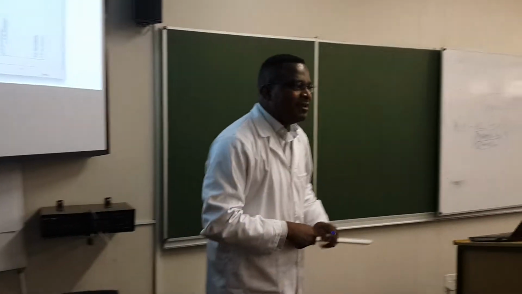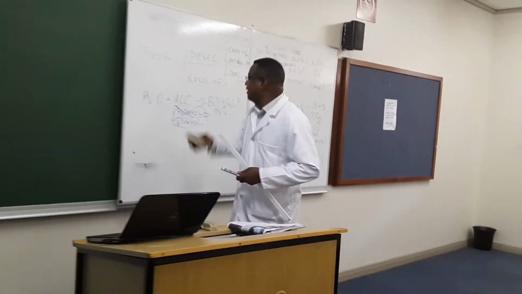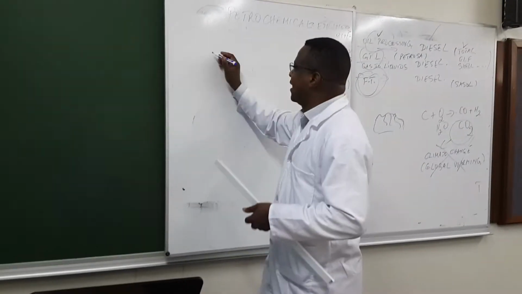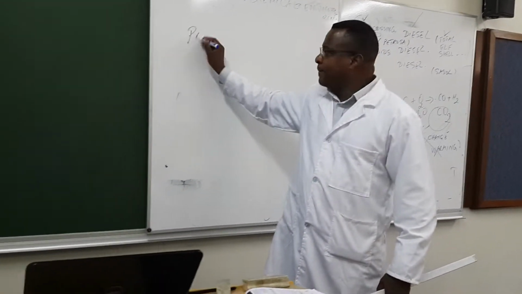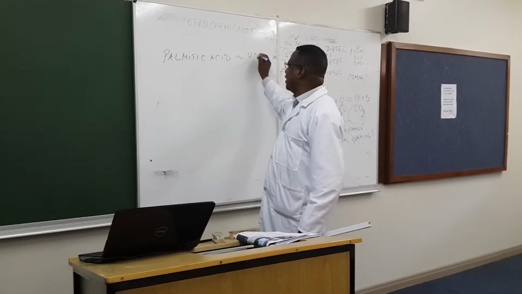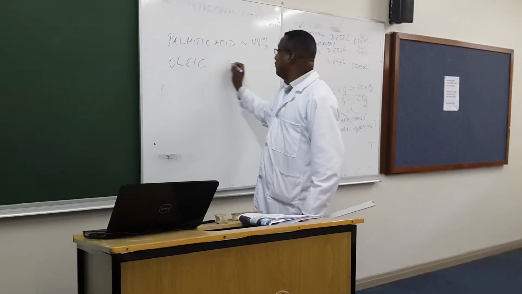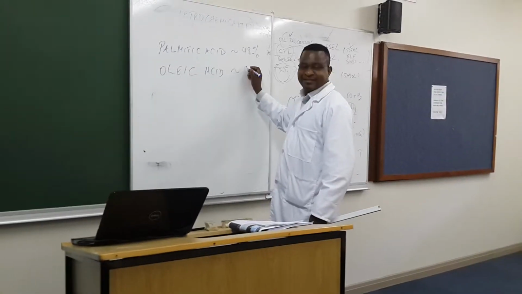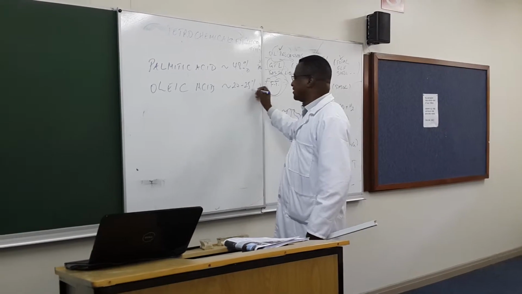Bear in mind, we said that palm oil is made mainly of 3 types of acid. The first one is palmitic acid, which is more or less 48%. The second one, oleic acid, is between 20 and 25%.